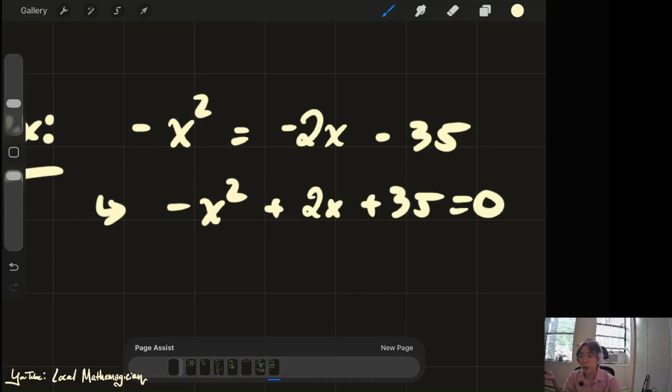You're going to ask me, Amanda, really quick, does it matter which way we move our numbers? It does not. As long as everything's on the same side, it does not matter because it's up to dividing everything by -1.